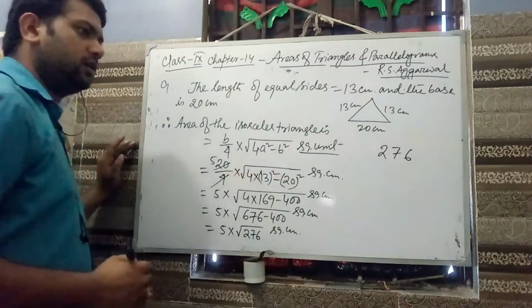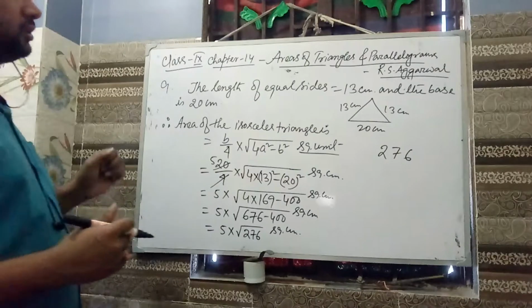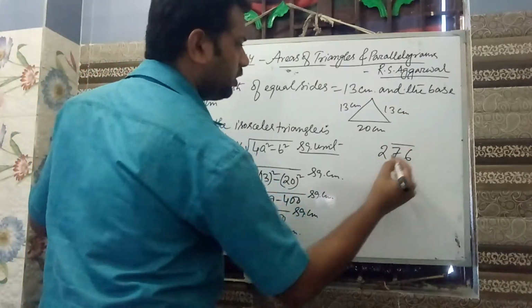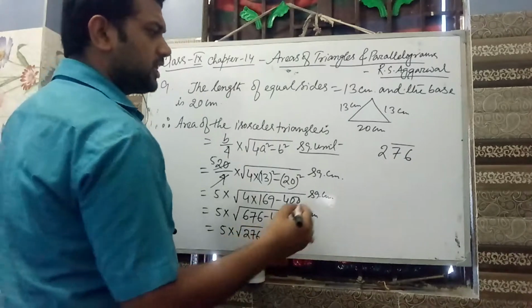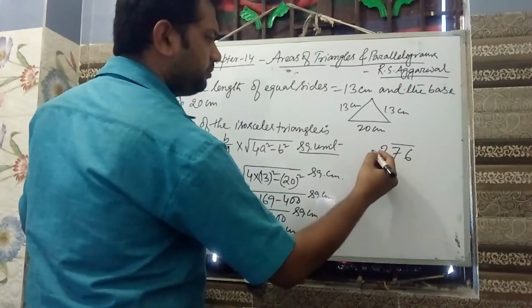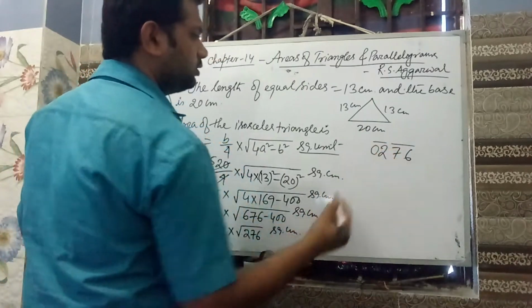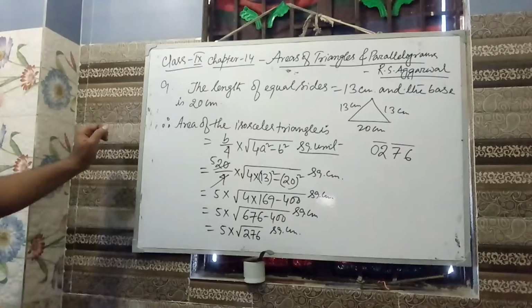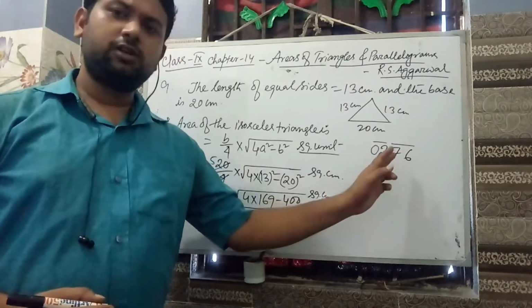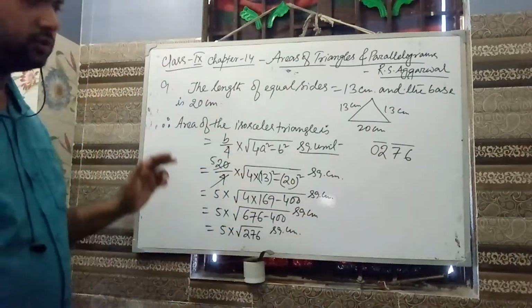276. Let us recall the long division method. For the long division method, we have to make groups of two digits starting from the end. So 76 is a group. Here we have 2, so put a 0 over here. So this is another group. 76 is a group starting from the end, and 02 is another group.